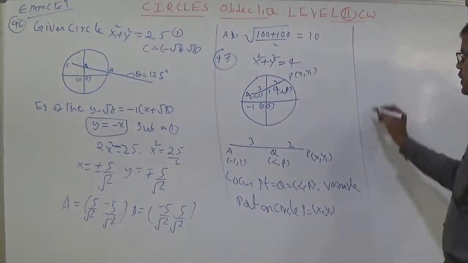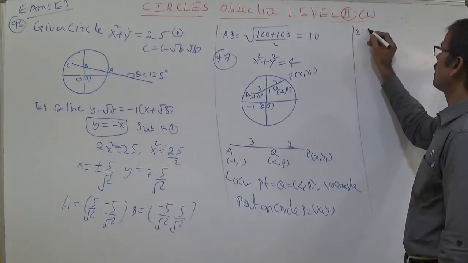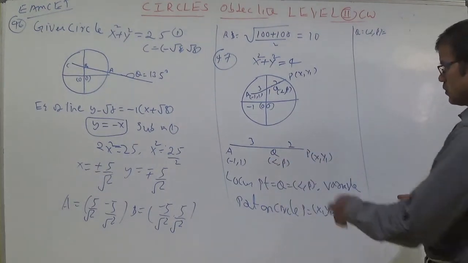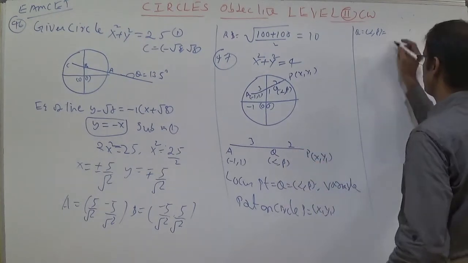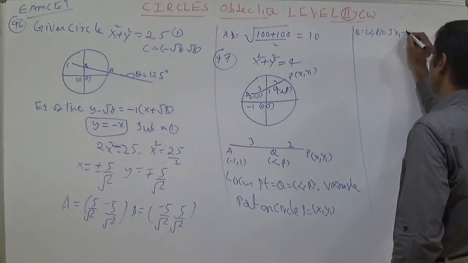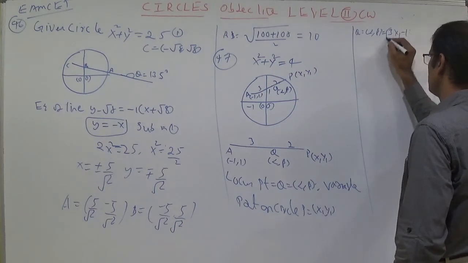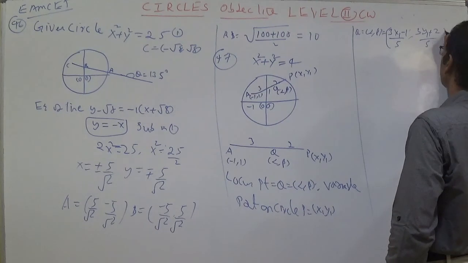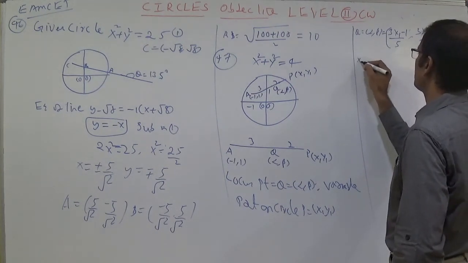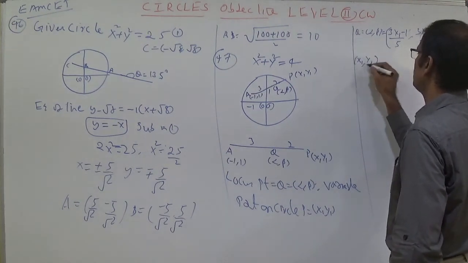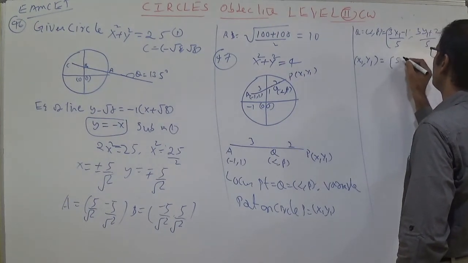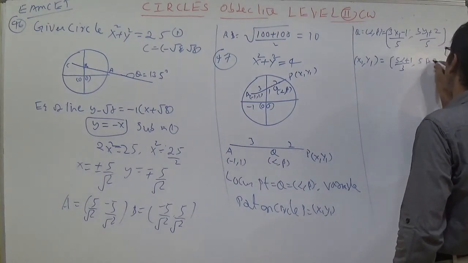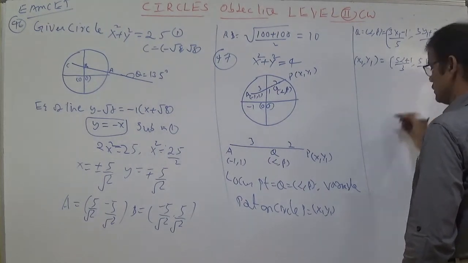Now Q, alpha comma beta, you can write using the internal ratio formula, the section formula: 3x1 minus 2 by 5 comma 3y1 plus 2 by 5. Using alpha and beta you can write x1 comma y1 as 5 alpha plus 2 by 3 comma 5 beta minus 2 by 3.